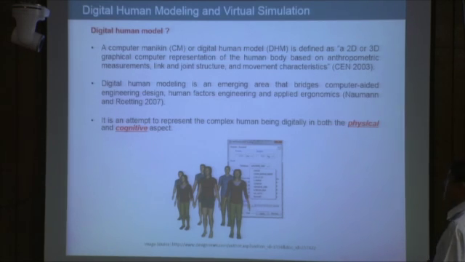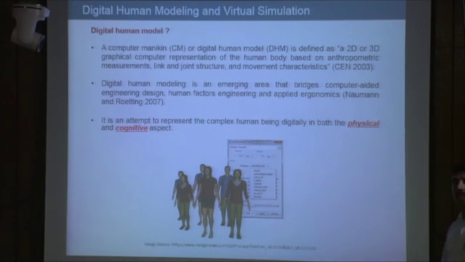CE in 2003 defined digital human model as a computer graphics mannequin. It can be defined as a 2-dimensional or 3-dimensional graphical computer representation of human body based on anthropometric measurements, link and joint structure and movement characteristics.